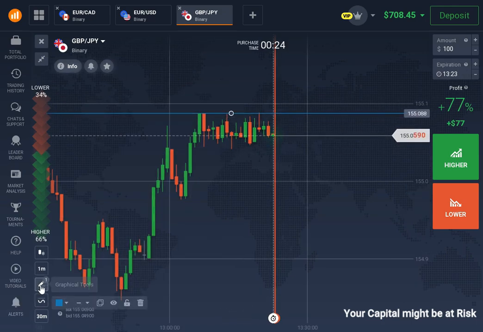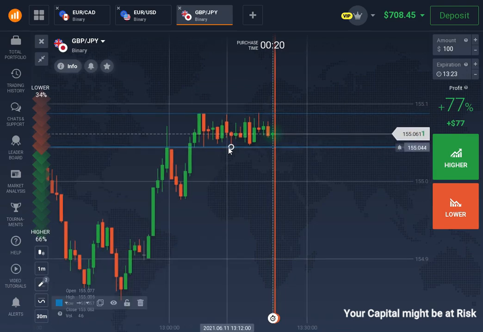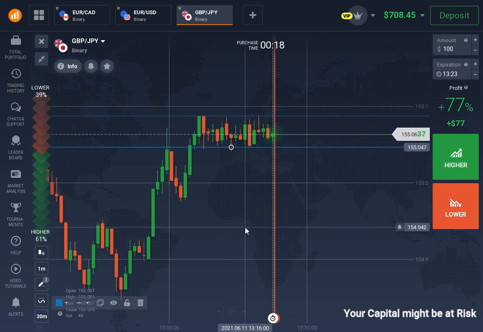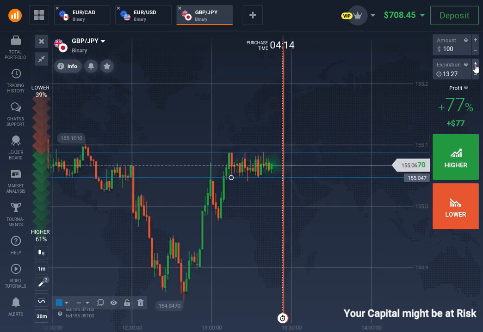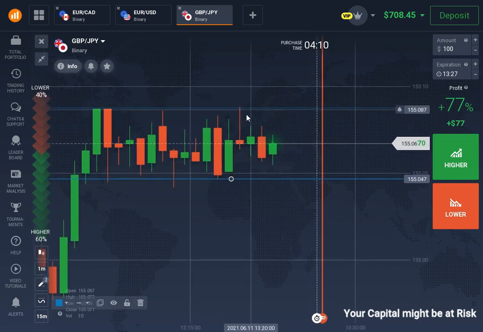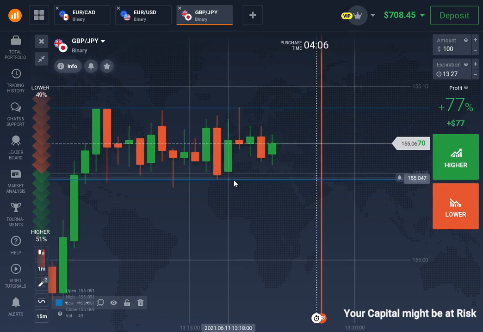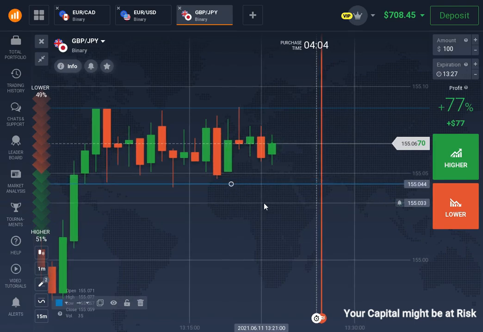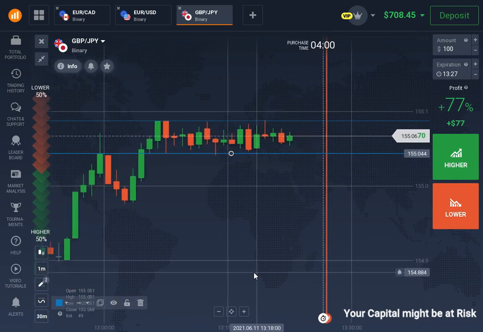So this is a resistance and this is a support level, and the market is moving, as you can see, in a box here. So what we need is a breakout, and if we have a breakout here, we are going to place our trade for sure. So let's wait.